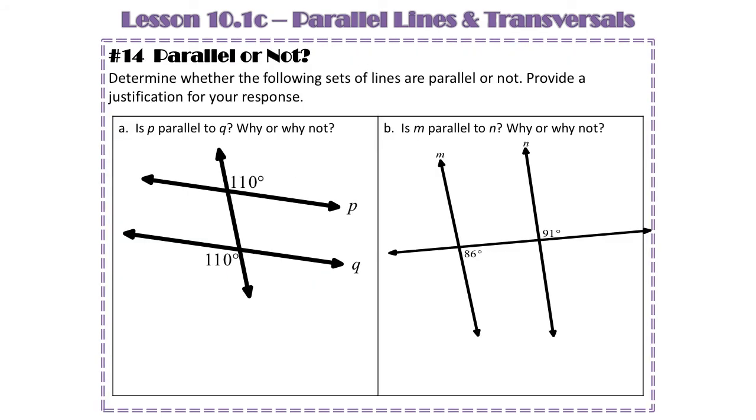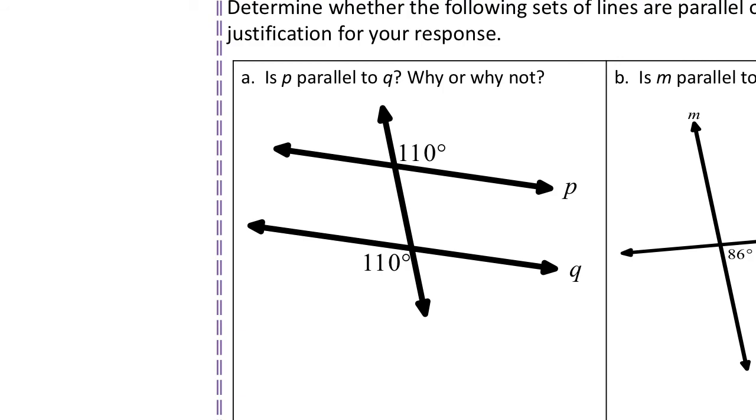So we're just determining if the two, not the transversal, but the two lines that look like they're parallel actually are. So right here, first we need to identify the angle relationship, right? 110 and 110. Those two are alternate exterior angles. They are the same. So we would say that line P is parallel, and I'm just going to use a symbol for parallel.